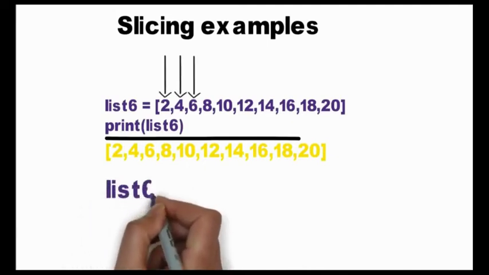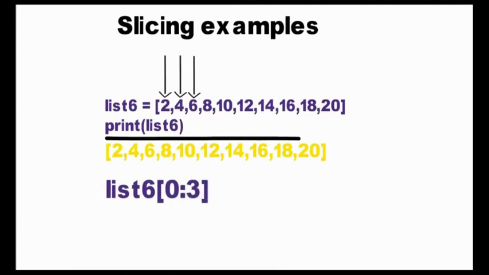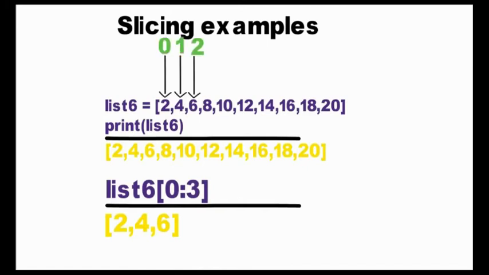To fetch this we can write list6 of 0 colon 3. Basically 0 colon 3 will fetch the items with index 0, 1 and 2, which are nothing but values 2, 4 and 6. Please note that it does not fetch the item with index 3 even though we have specified 3 in the square braces.